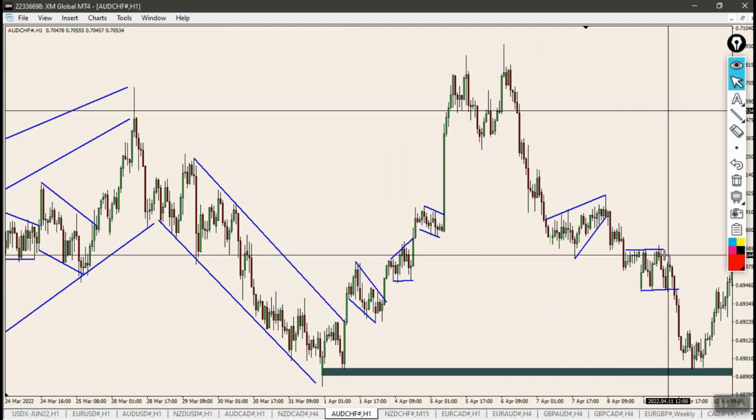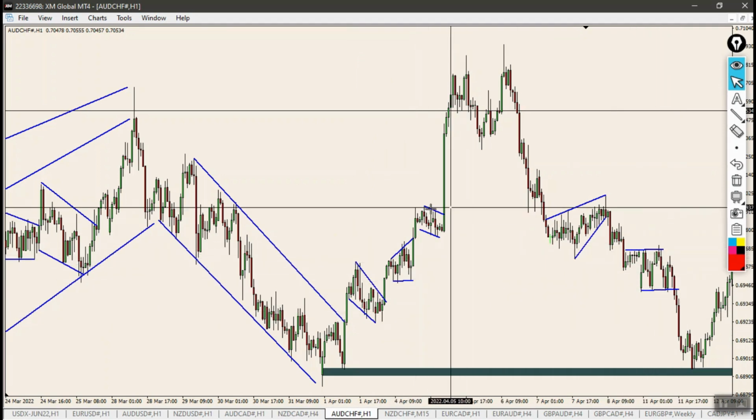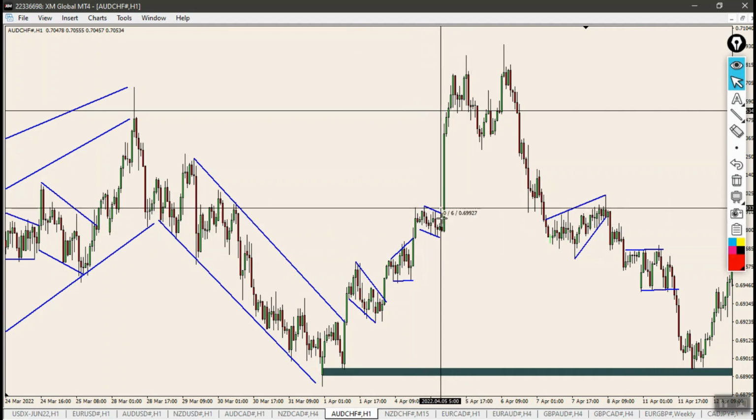This one is a big continuation pattern, but this one is rather flat. It's a small one. You place your pending orders right here. You have a 20 pip stop loss just below. It's a fantastic trade. I mean, 22.90, that's like a 1:3 point something, 1:4, I believe, risk to reward ratio.